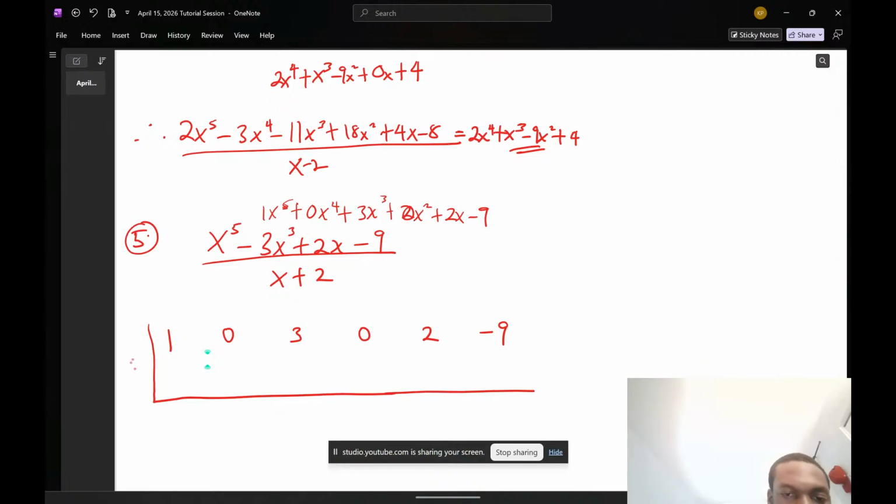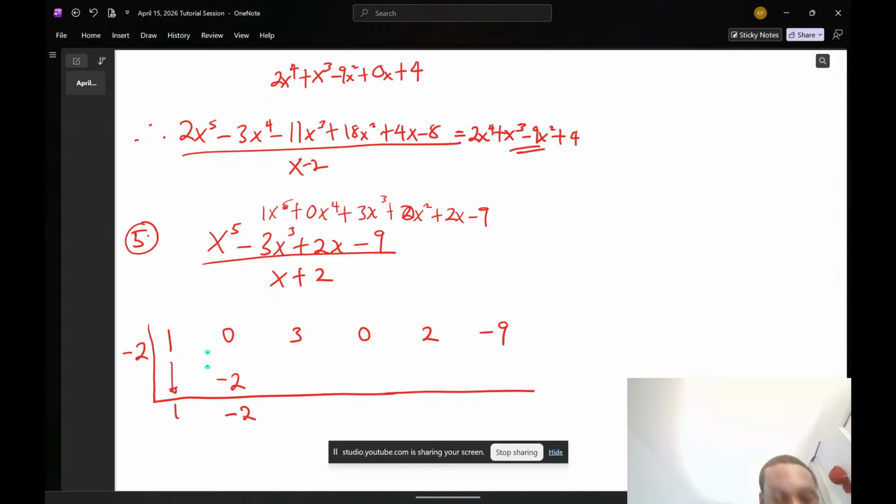So that will be x equals to minus 2. So now we have it as minus 2, right? So I told you that we'll bring down the first one. This will be 1. Minus 2 times 1 will be equals to minus 2. So 0 plus minus 2 is equals to minus 2.